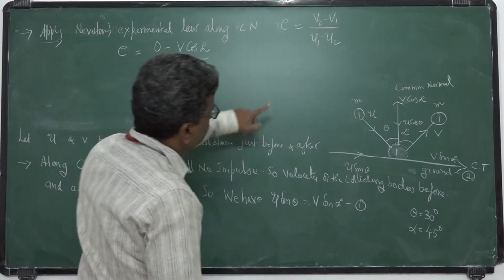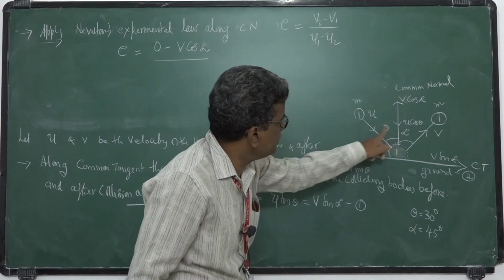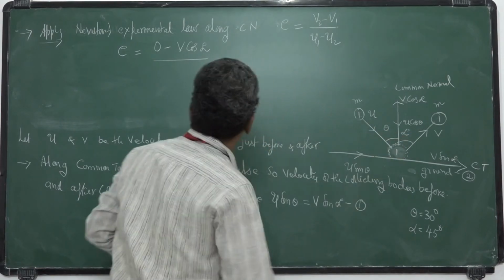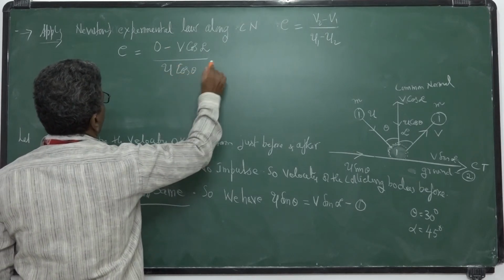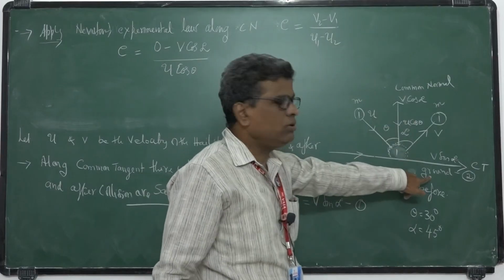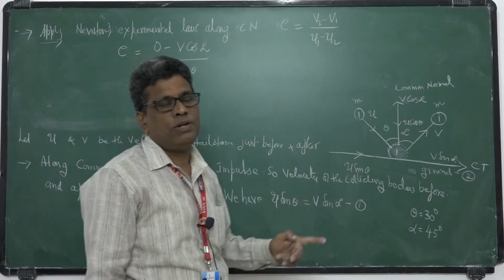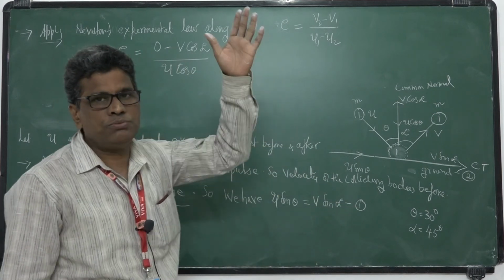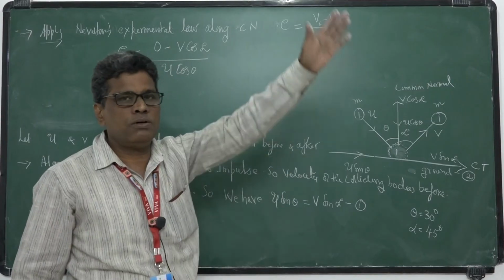U1 minus U2. 1 is before collision, and before collision in this direction is U cos theta. So 2 is ground, which is at rest before and after collision. The hailstone strikes and bounces, like a ball hits the ground and bounces.